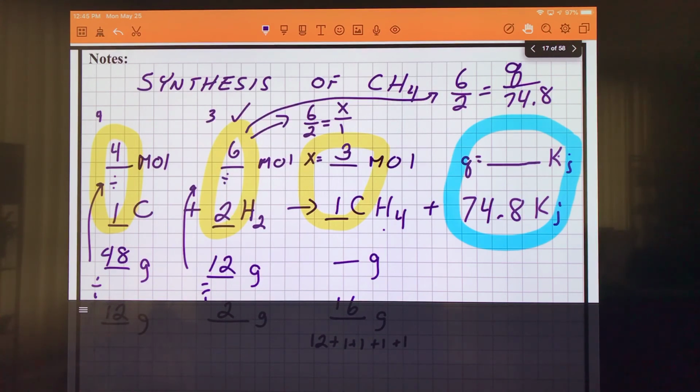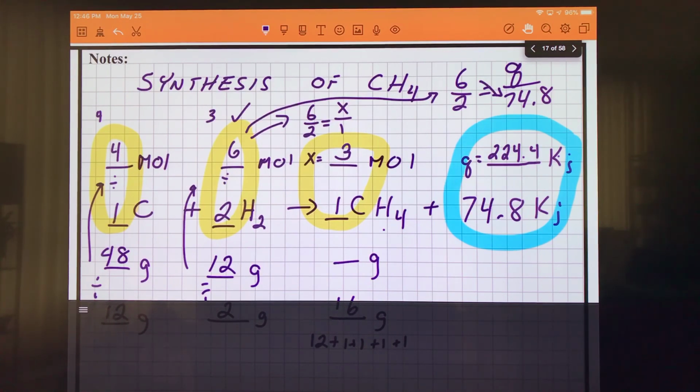So 6 times 74, 6 times 74 is 444 divided by 2. Let me make sure that's 74.8 times 6. All right, 448.8 divided by 2, 224.4. Okay, that is the answer.